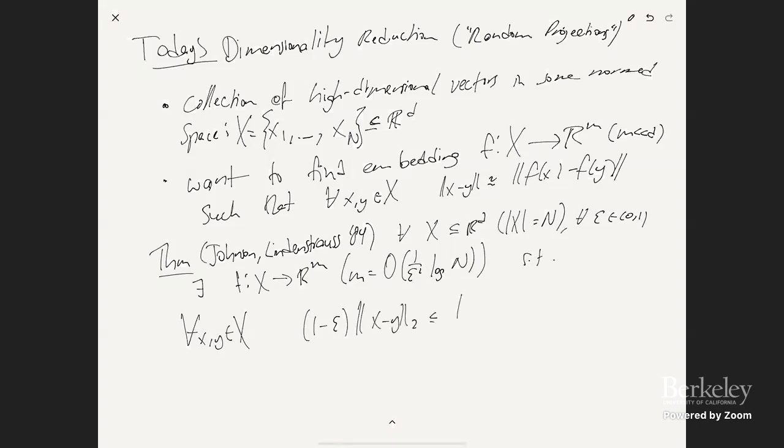In Euclidean norms, you're looking at Euclidean norms specifically.